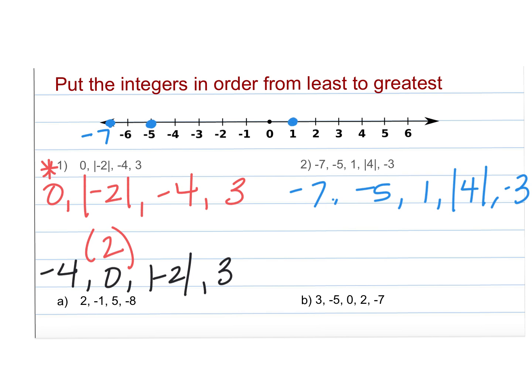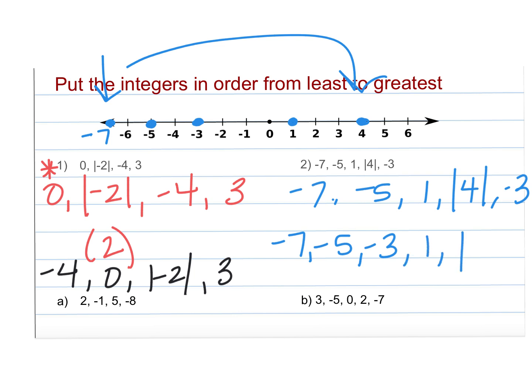Absolute value of 4 is just going to be 4, because remember it's always positive, and then negative 3. So then I can rewrite it going left to right, so starting here and going all the way to there. So negative 7, negative 5, negative 3, 1, and then the absolute value of 4.